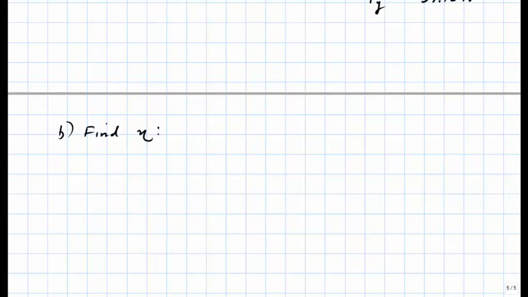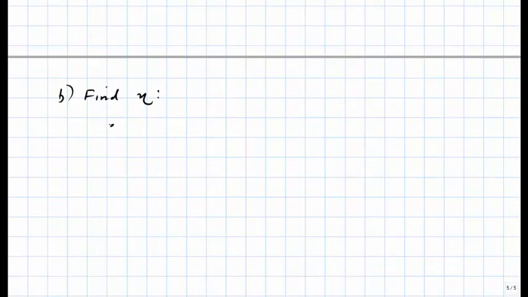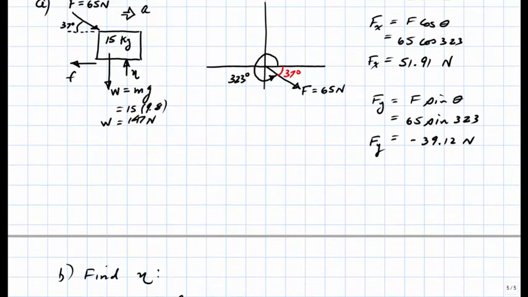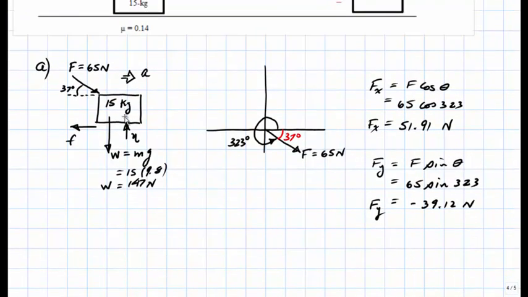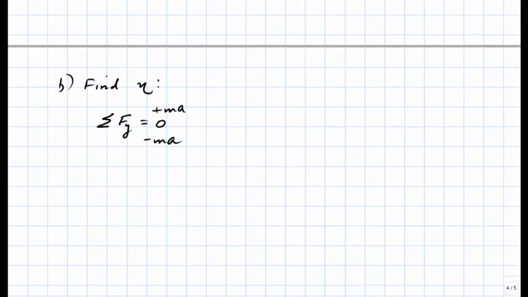According to Newton's second law, if we add up the forces in the y direction, we have to decide whether they equal 0, ma, or minus ma. Let's take a look. You'll note that in the y direction, we have no acceleration. The acceleration is directed along x, and so our choice is 0 on the right-hand side of Newton's second law.